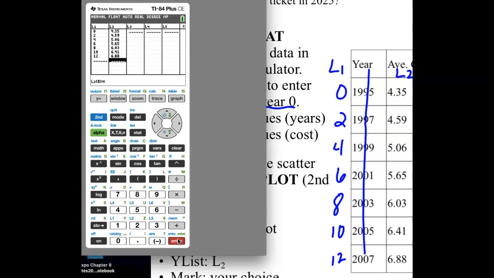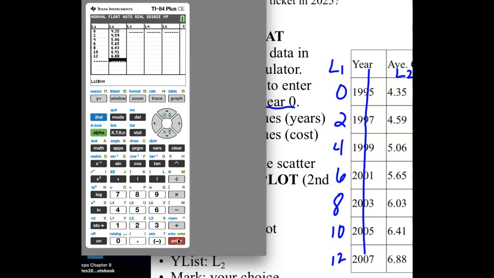Now, before you move on, look at your numbers. It's very easy to type a wrong number. It's going to give you the wrong answer, okay? The other thing is to make sure that your X's and Y's match up. In other words, the first row in that list should be my ordered pair, right?